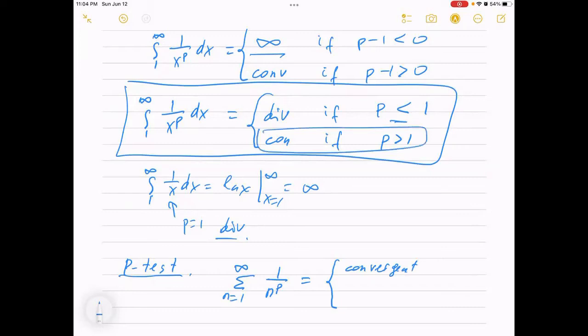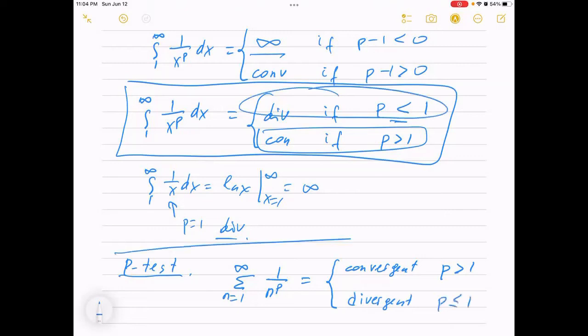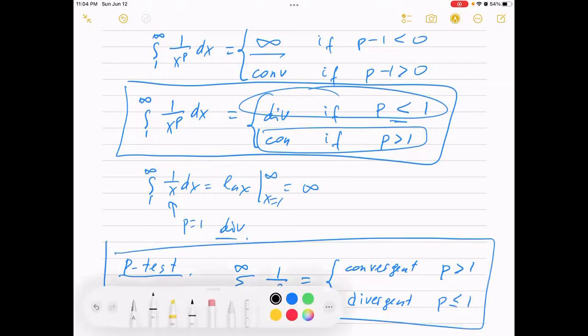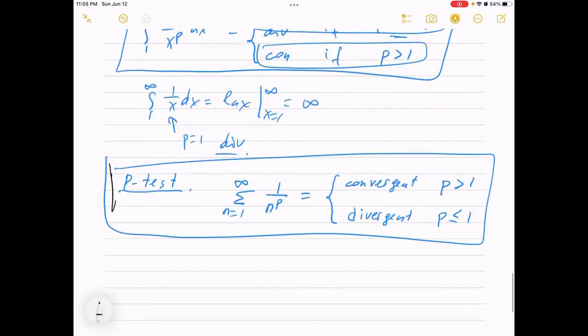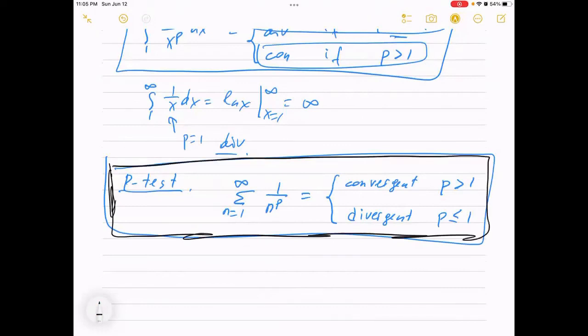So convergent when p is bigger than 1, and it's going to be divergent when the corresponding integral is divergent, that is when p is less or equal than 1. So that is the p-test.